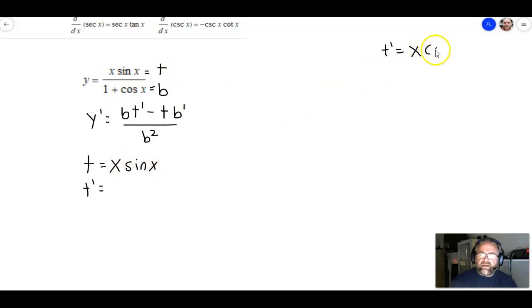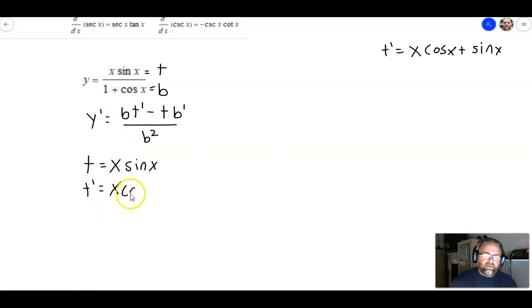So x cosine of x, plus the second term, sine of x, times the derivative of the first term. The derivative of x is just 1. So this is the derivative of the top.